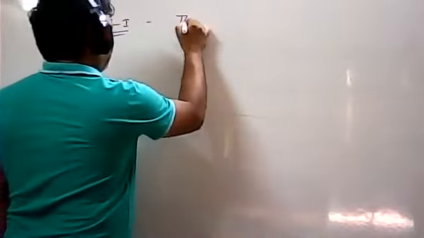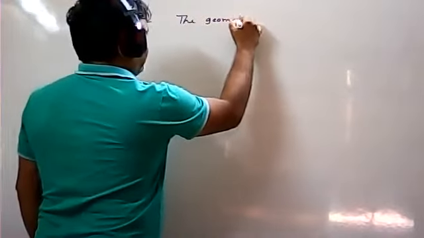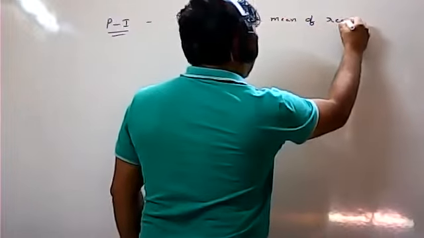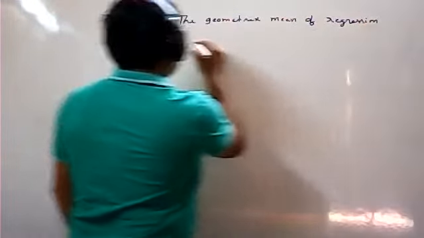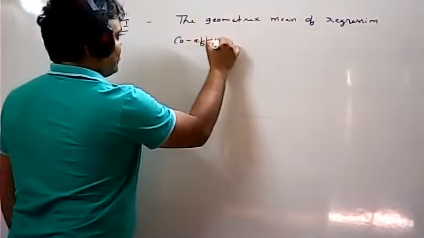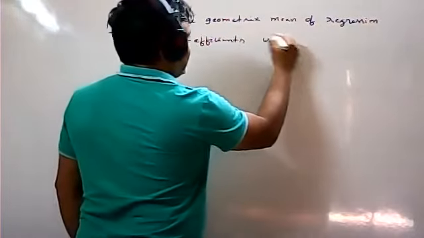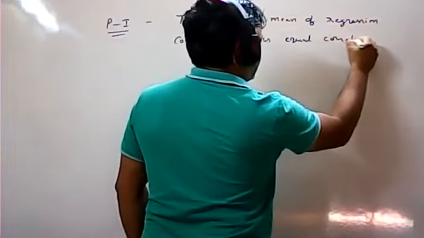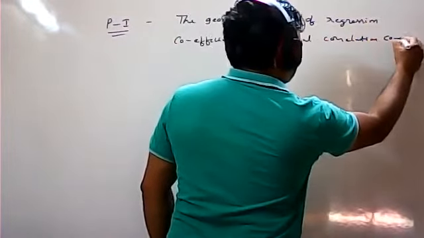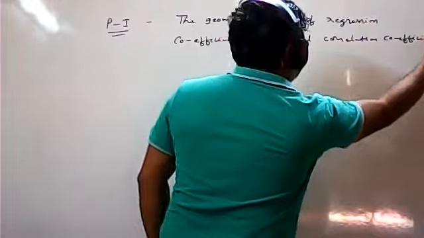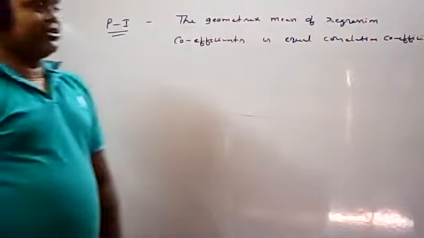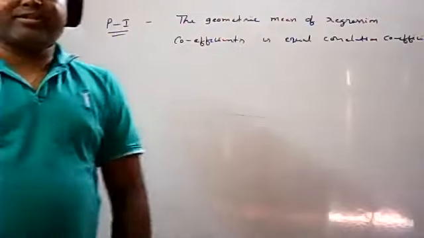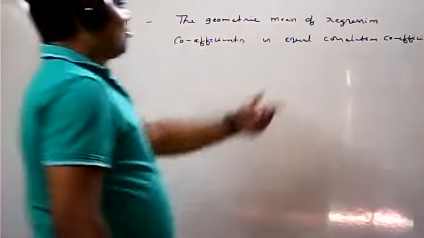The geometric mean of regression coefficients is equal to the correlation coefficient. So this is the statement of the first property.